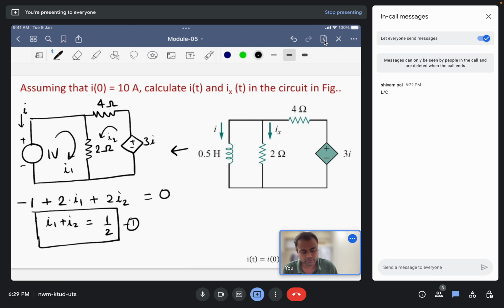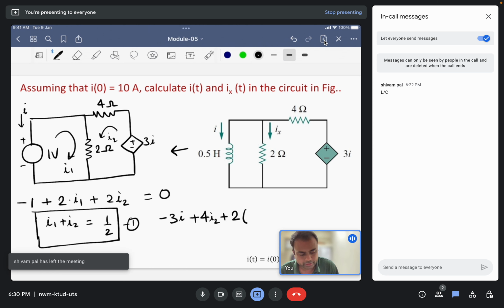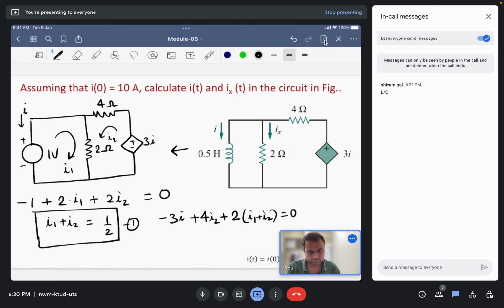Similarly in loop 2, we'll write minus 3I plus 4 times I2 plus 2 times, here the directions of current I1 and I2 are the same, so I will write 2 common, I1 plus I2, is equal to 0. Also we know that here small I is opposite of I1, so I is equal to minus I1.